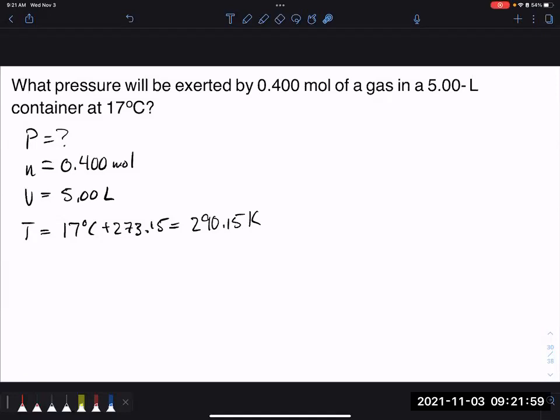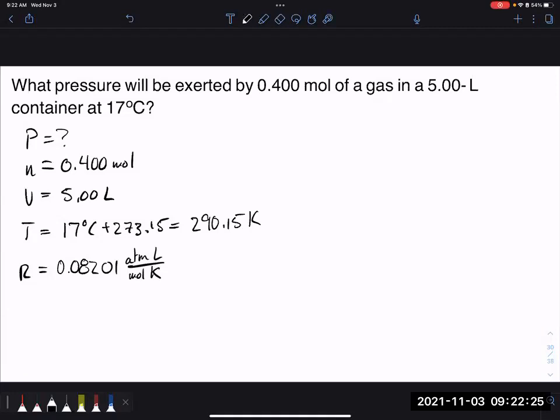We just want to know the pressure of this gas under these conditions. So we're going to be using our R value of 0.08201 atmosphere liter per mole Kelvin.